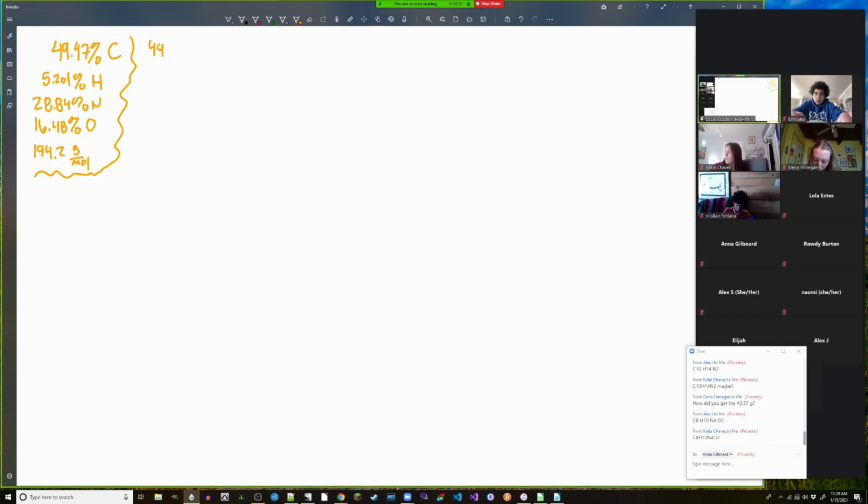So 49.47 grams of carbon over its 12.011 grams per mole gives us 4.119 moles of carbon, 5.201 grams of hydrogen over this 1.008 grams per mole gives us 0.16 if I round.